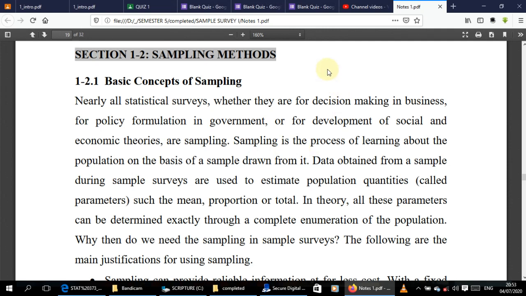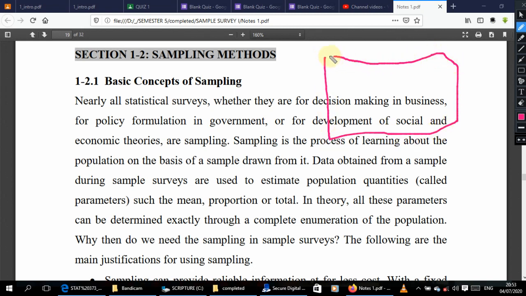Now, assuming this is a whole population, and then you pick a sample. You pick Kwadwo out, Ama out, Efua out, and then you form your sample here.